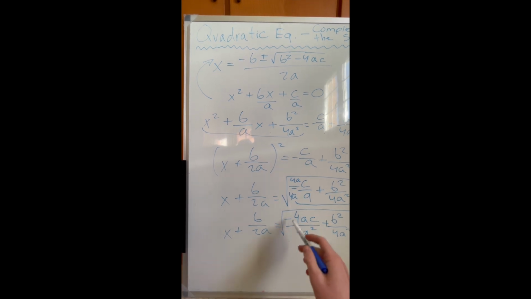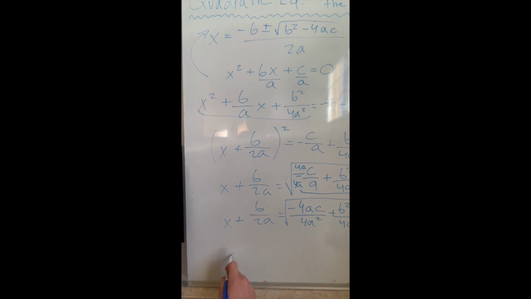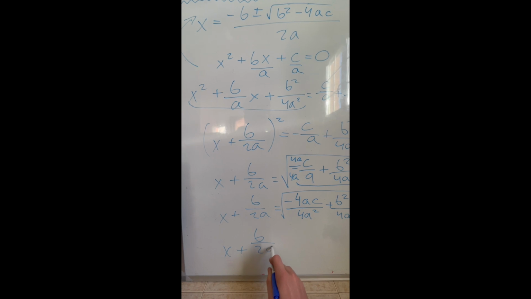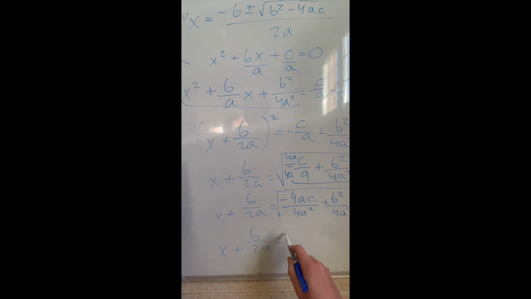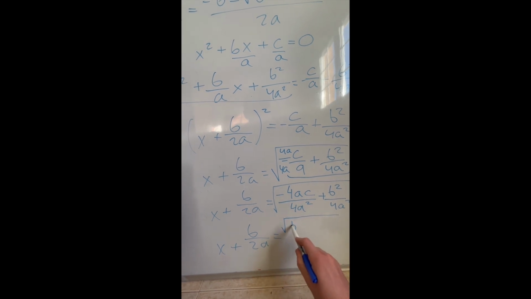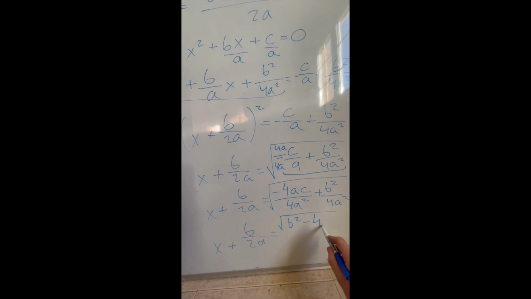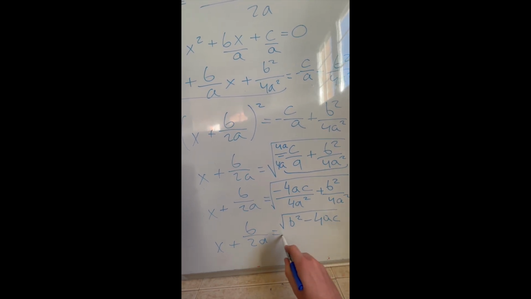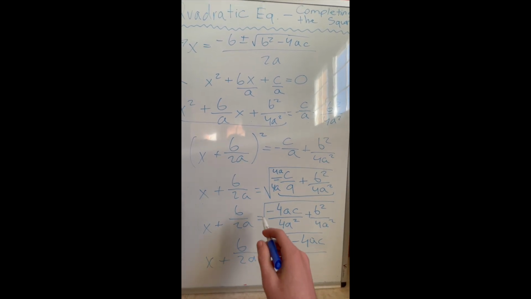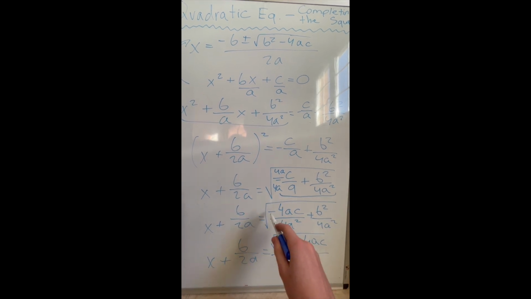Now we start seeing some similarities here. This is our discriminant for the formula. So we can say x plus b over 2a is equal to square root of our discriminant, b squared minus 4ac, as it is the same denominator, so we can add these two fractions, divided by 4a squared. An application of the square root is that if you have a square root of a fraction, it is the square root of the numerator divided by the square root of the denominator.